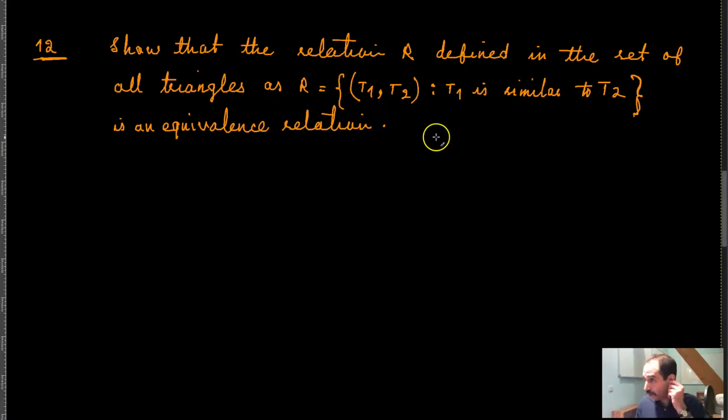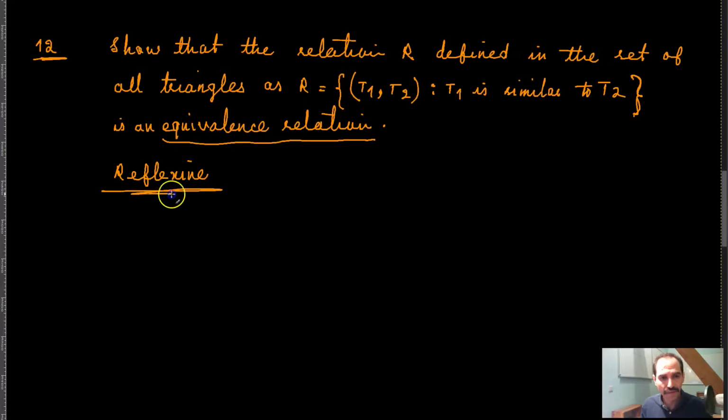And moreover, there is another part to this question that we will discuss later, once we have shown that this relation is an equivalence relation. So first of all, since you want to show that it's an equivalence relation, you need to show that R is reflexive.